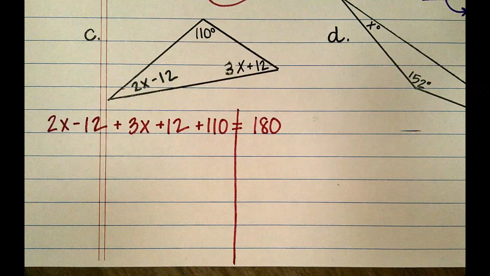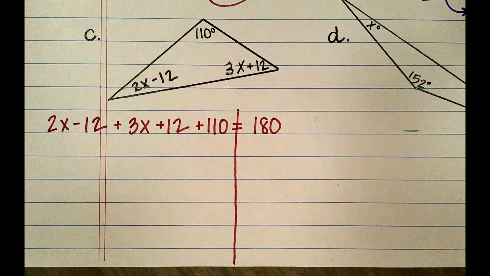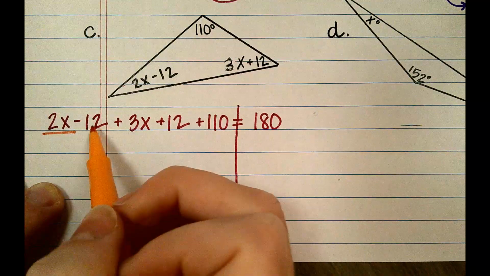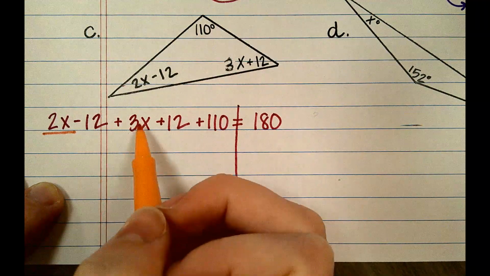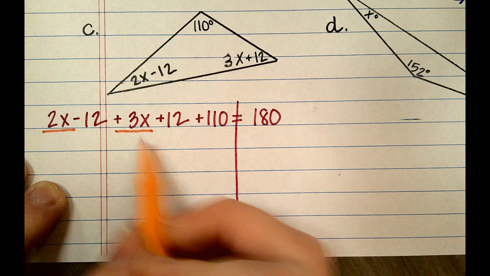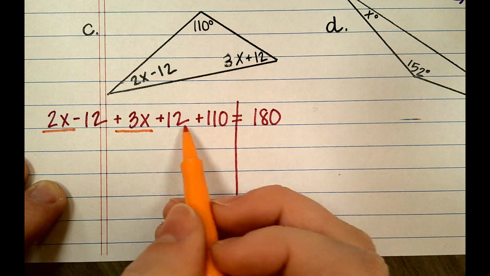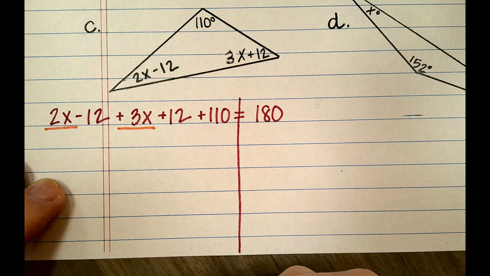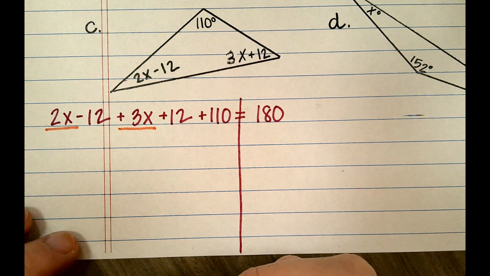So why don't we start with our x's? I have, to begin with, a 2x, minus 12, there's no x. 3x, that's an x, let's underline that. Plus 12, plus 110. Okay, looks like I just have 2x and 3x. So if I want to combine those, what will I get?